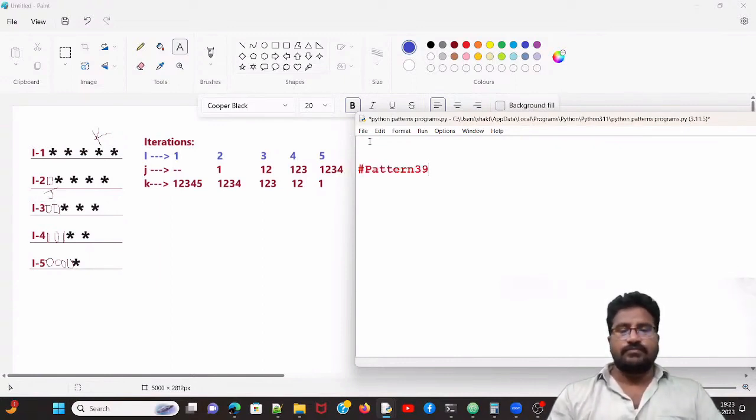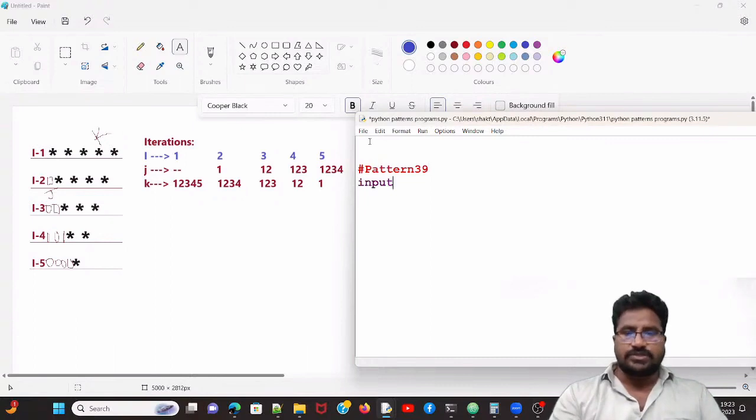Pattern 39. So let's take input: enter the number of rows.